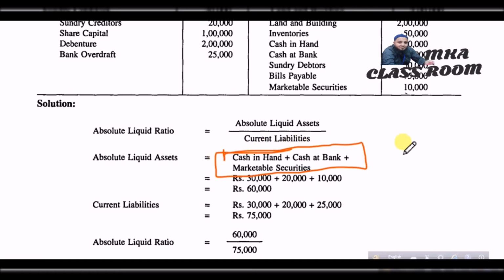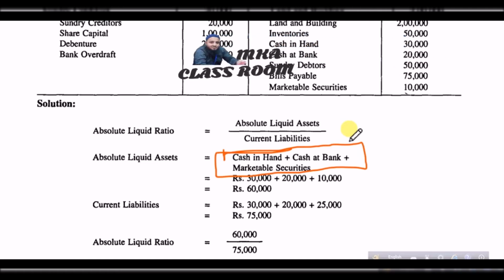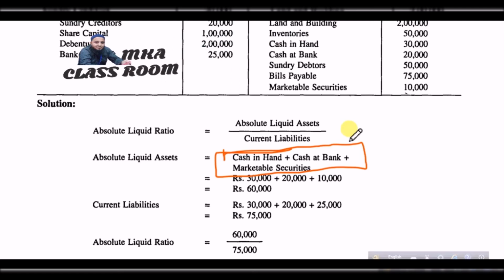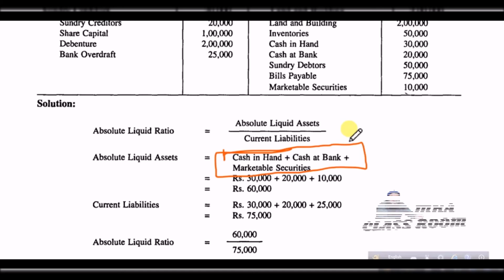These three things make up the absolute liquid assets: cash in hand plus cash at bank plus marketable securities, divided by current liabilities.